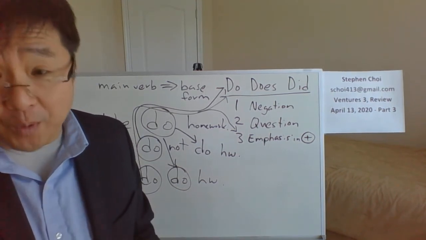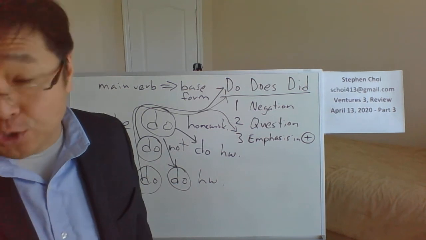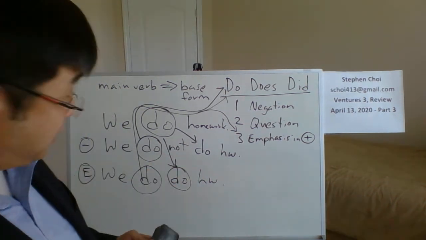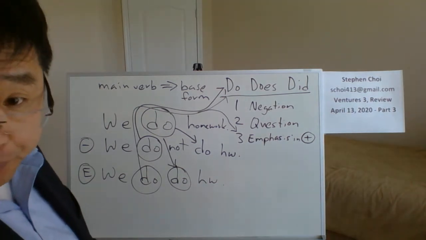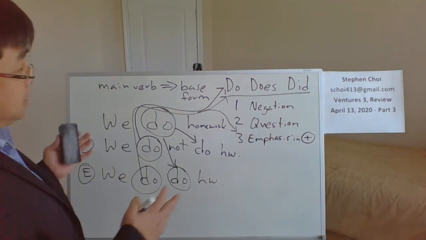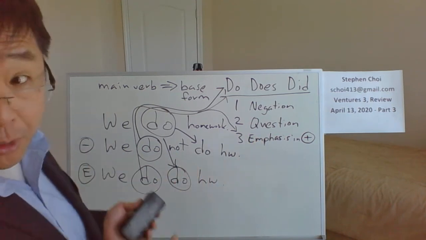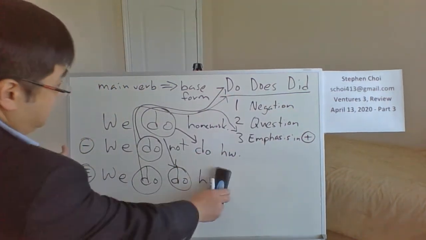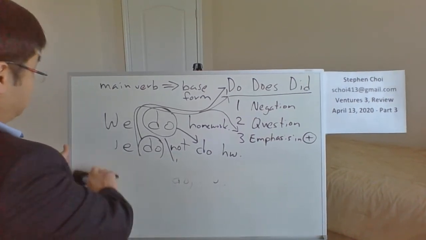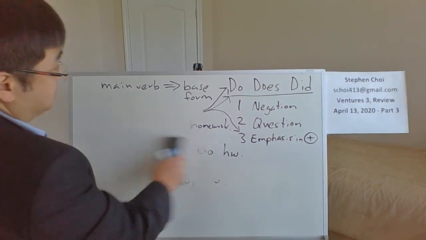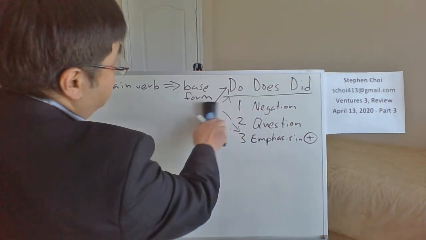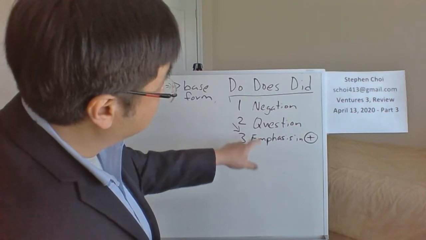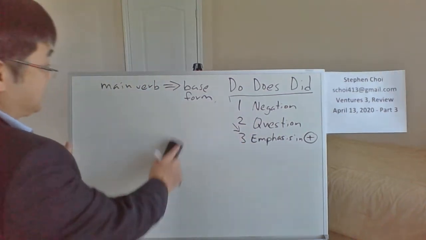She does do homework. So you'll hear that in the positive for emphasis. This is very important to be able to use do, does, did in a correct manner, because I know a lot of ESL students want to skip do, does, did, but that's what we do. We use do, does, did for negation, questions, and emphasis in the positive.